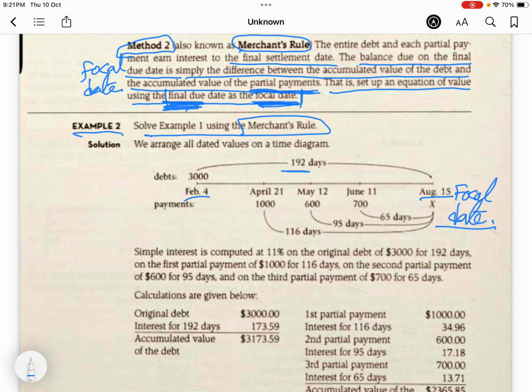From April 21 to August 15, it will be 116 days. From May 12 till August 15, it will be 95 days. From June 11 till August 15 will be 65 days. Notice the arrows here. Then you will have multiplication.